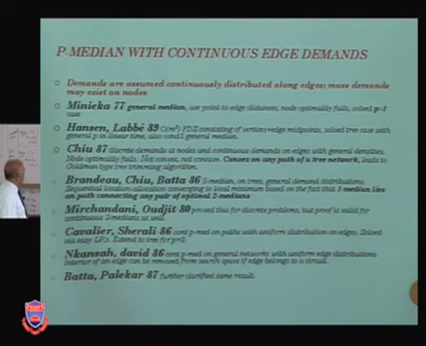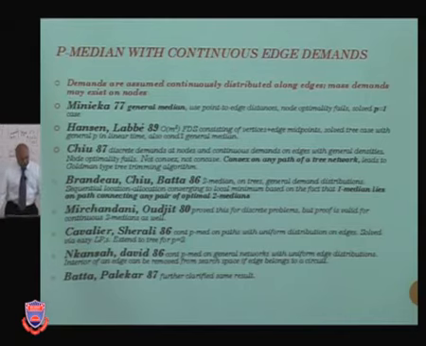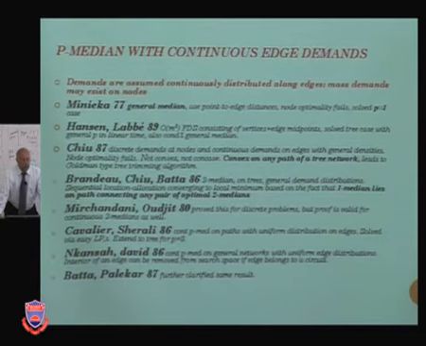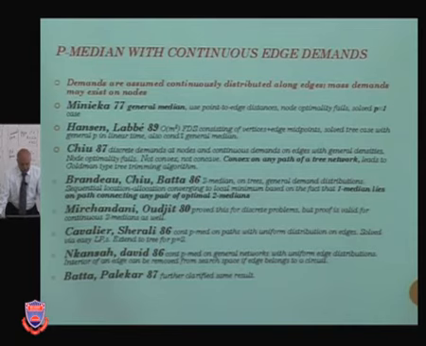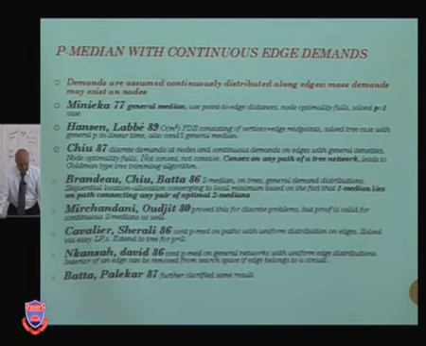Okay. So under such conditions, how do you deal with the p-median problem? Minieka is the first one to look at this. He used point-to-edge distances and showed that node optimality fails under such circumstances, and solved the problem for p equals 1 using point-to-edge distances.